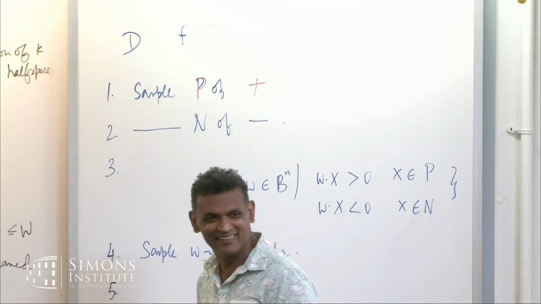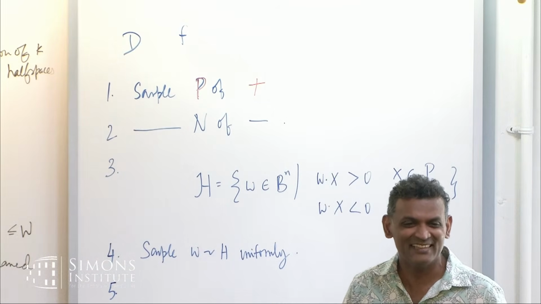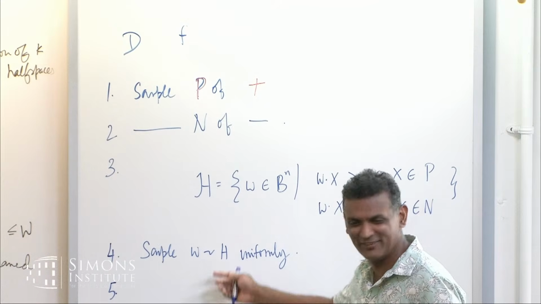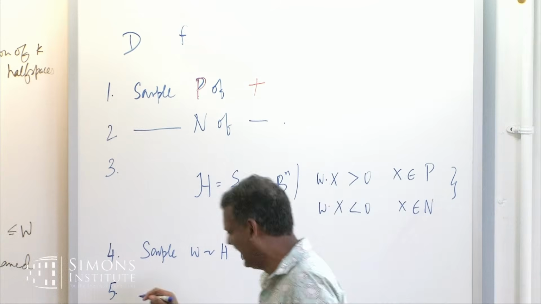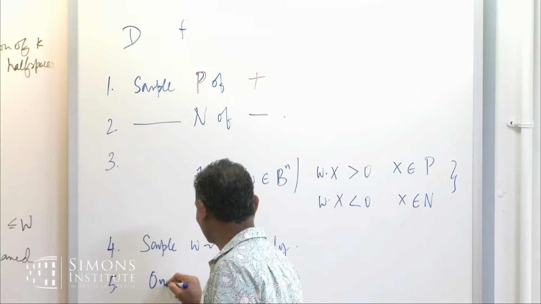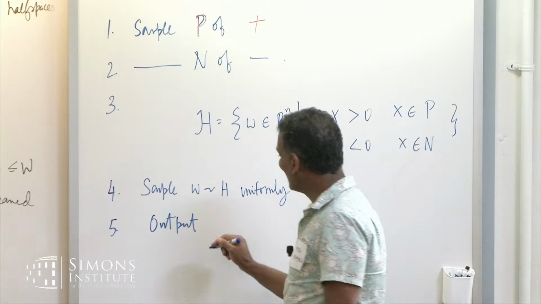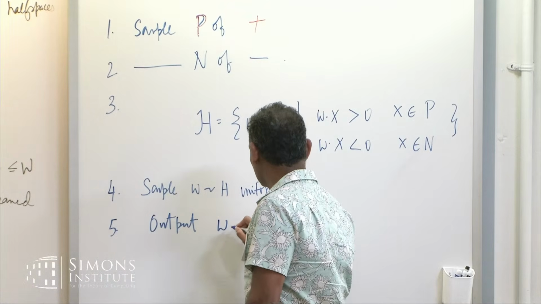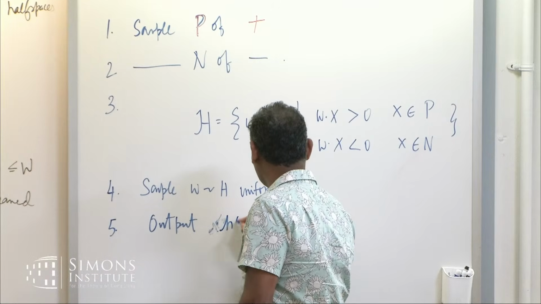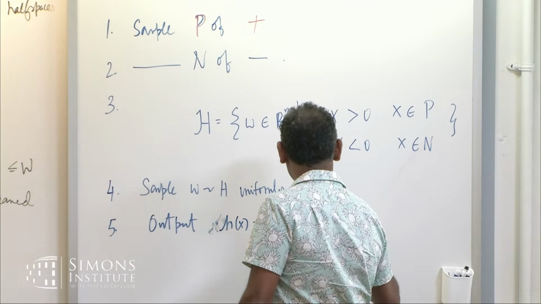And then, I haven't finished. Why is H not empty? Yes, good point. Yes, this would be trivial. Excellent. Step 5, output your hypothesis h of x to be sign of w dot x.